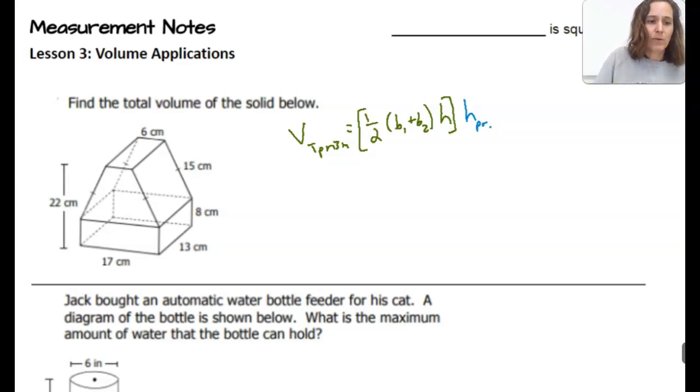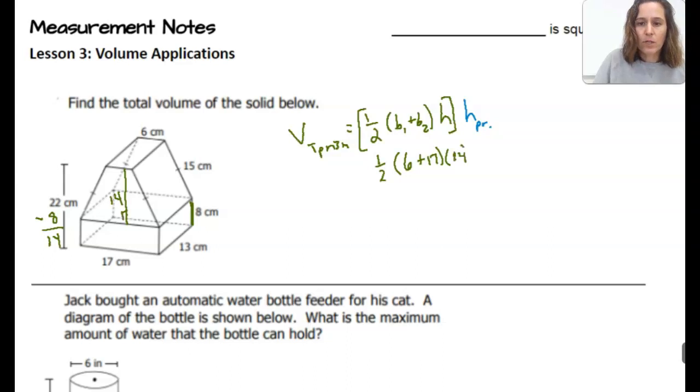Let's go ahead and finish that one first. So we have 1/2. The two bases would be 6 and 17, so 6 plus 17, times the height of that trapezoid would be this length. However, we know the height of the entire prism is 22, but we know that the height of the rectangular prism is 8. So we can subtract 8 to get 14 as the height of the trapezoid.